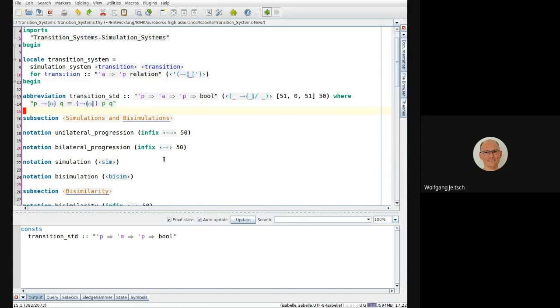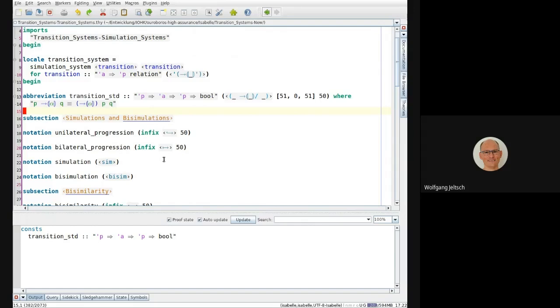That is entirely possible because, unlike with type classes, a locale can be interpreted in different ways. But I think you can have this even with type classes, right? Yeah, okay. At least with certain extensions of Haskell you can.